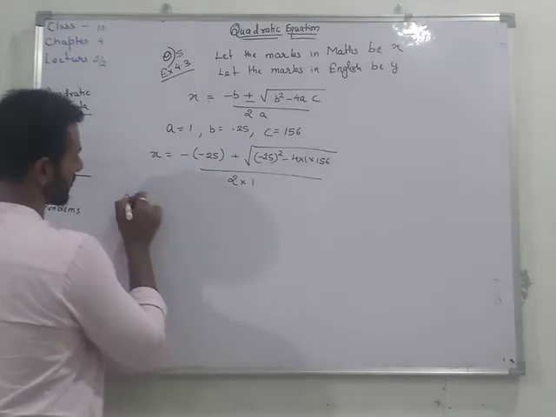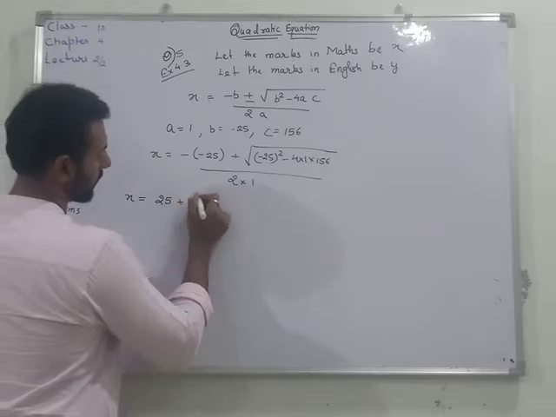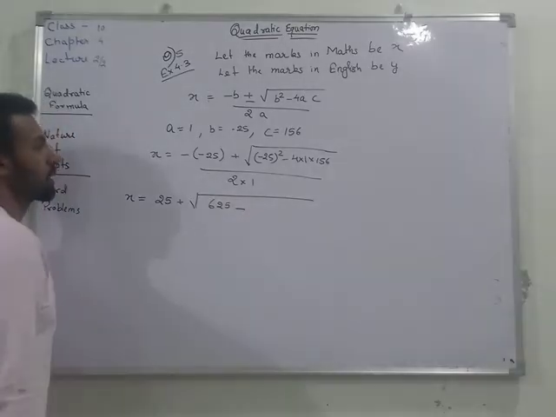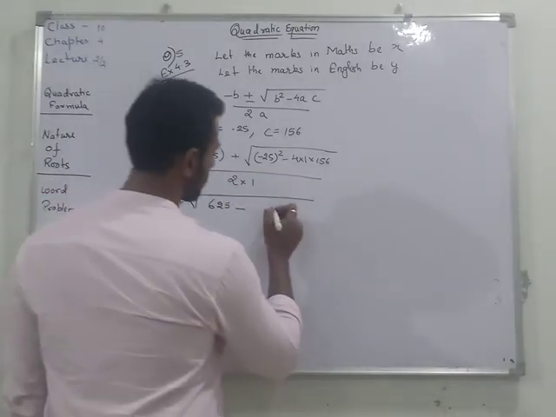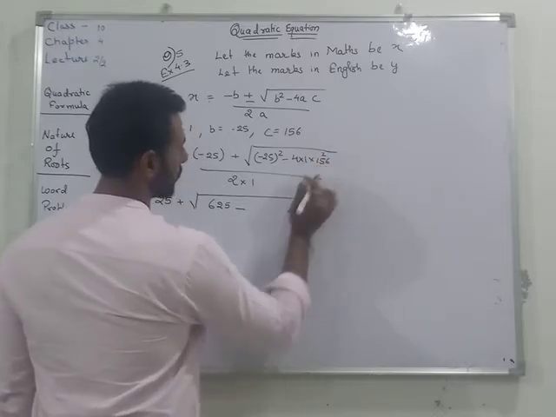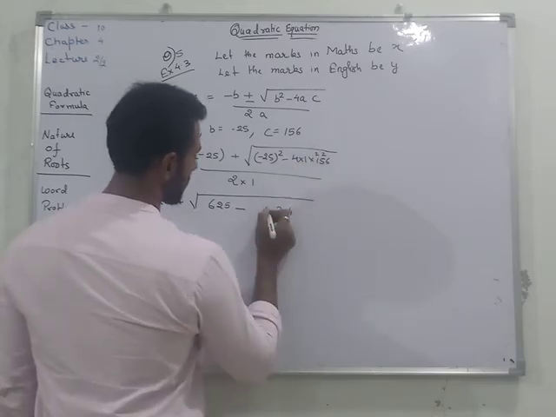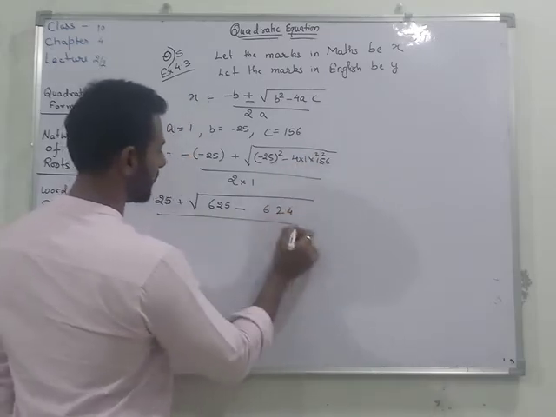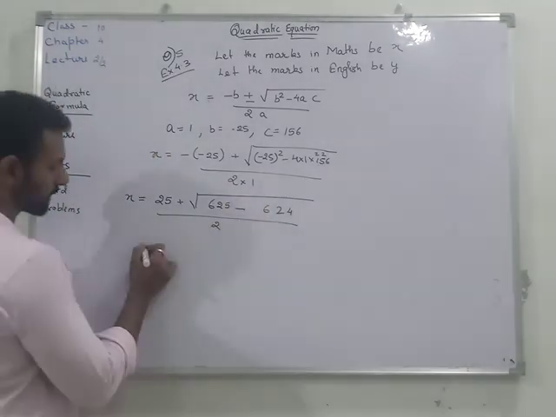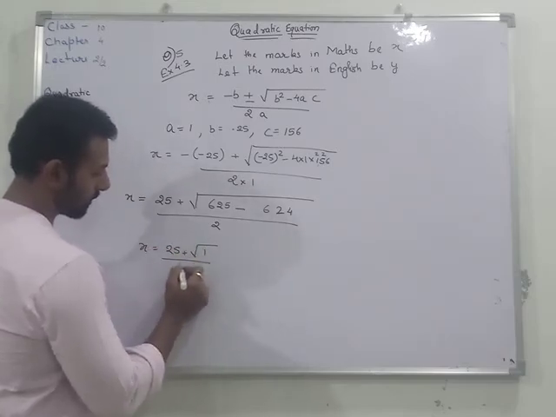Minus into minus is plus, so x is equal to 25 plus under root of 25 square, which is 625, minus 4 into 156, which is 624, divided by twice of a, 2 into 1 is 2. So x is equal to 25 plus under root of 1, by 2.